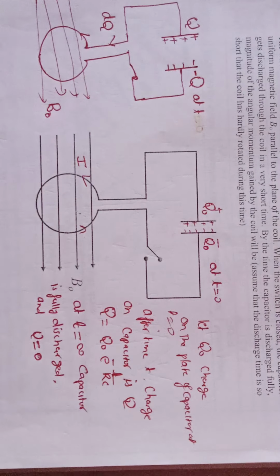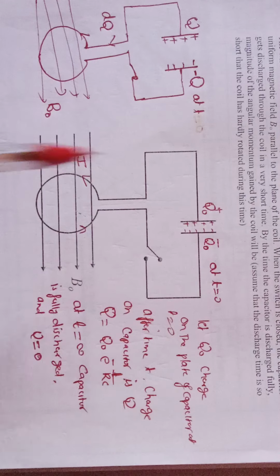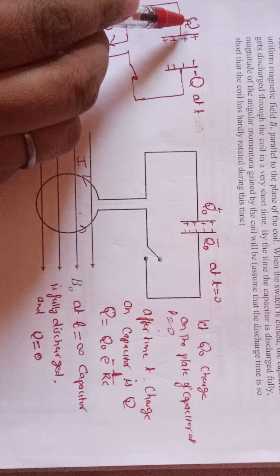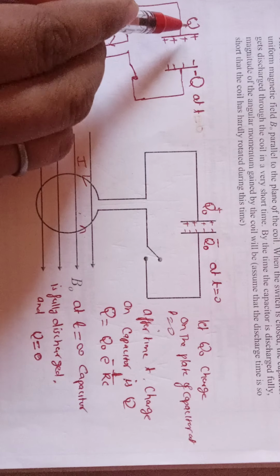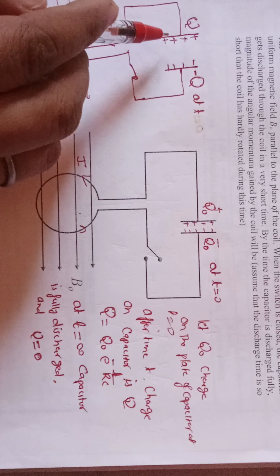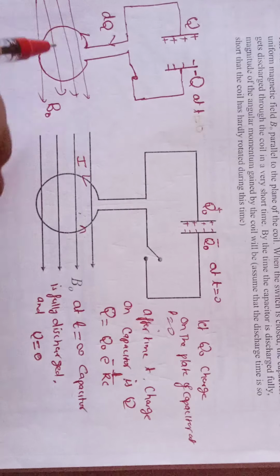Here it is given that in a very short time the capacitor gets discharged. Now we see in this diagram, suppose at time t there is q charge on the positive plate of the capacitor and minus q charge on the negative plate of the capacitor.